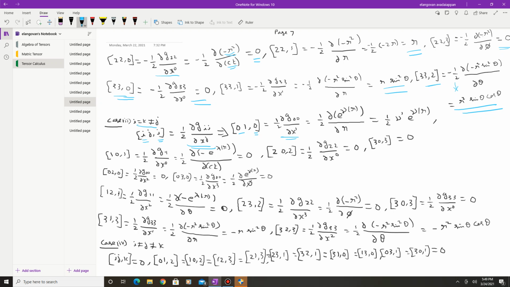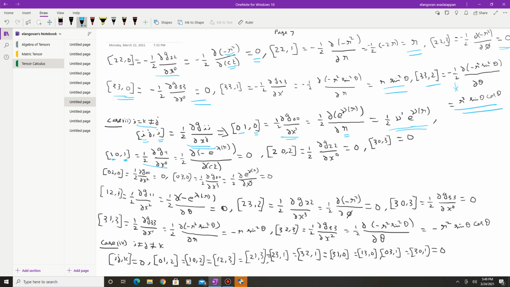x1 is the r coordinate, g00 is e power nu of r. So if you differentiate, you will get this: half into nu prime into e power nu of r. And 1 1 0: both are 1, and this is the 1 1 0.